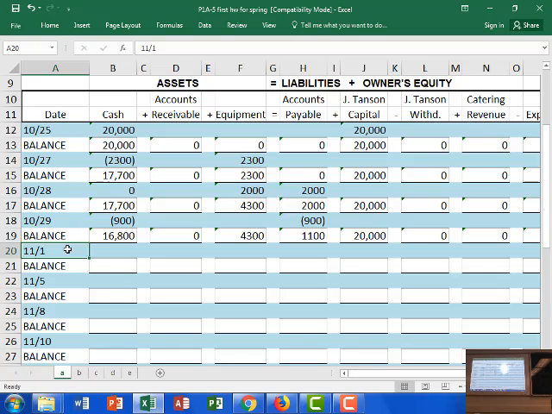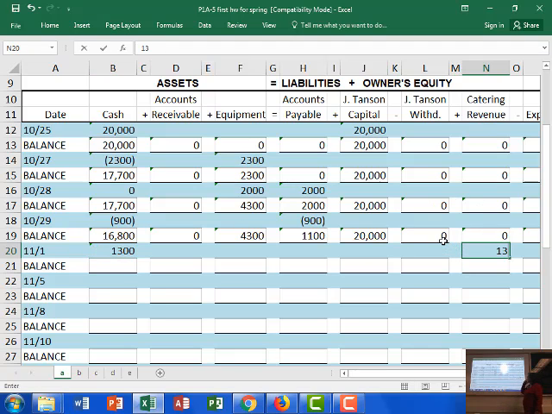So, we're going to debit what first? We're going to debit the cash first, right? Because we're getting the money. So it's $1,300. Then we're going to put the money also into the catering revenue.